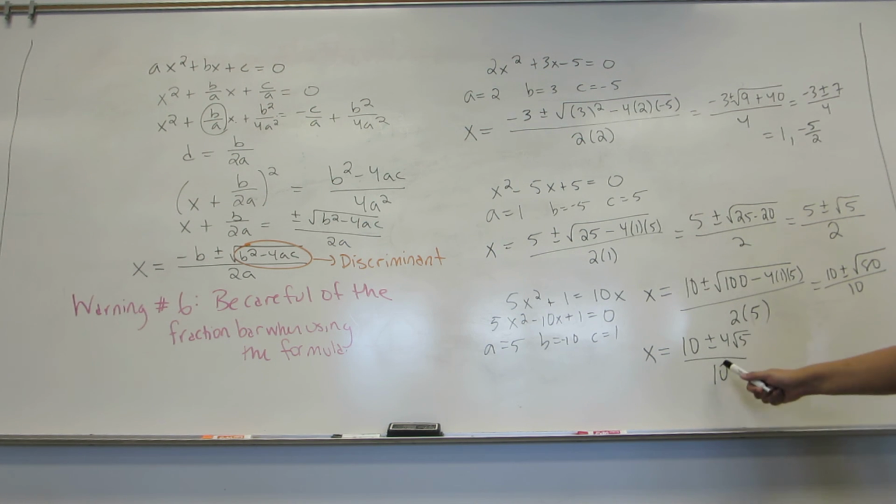I can't just cancel part of the 4 and 10 here because of the plus or minus. What I have to do to be able to simplify this is say, what do all three terms have in common? And in this case, our three terms all are divisible by 2. And so I can divide them all by 2. But I have to divide all three terms by that 2 in order to simplify correctly.